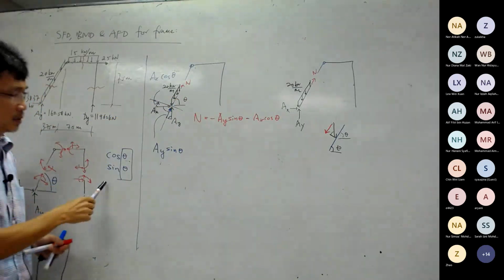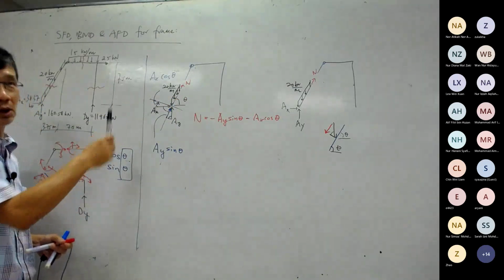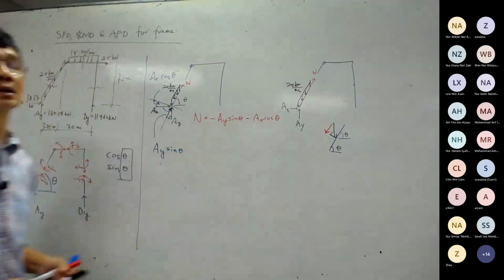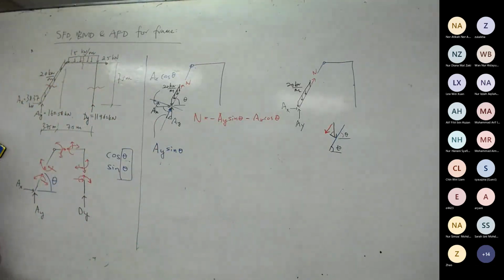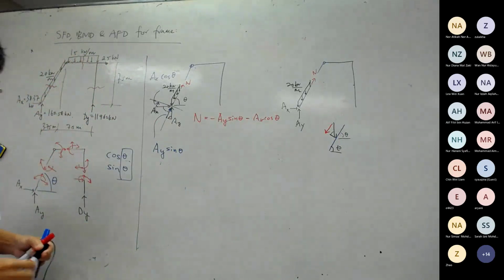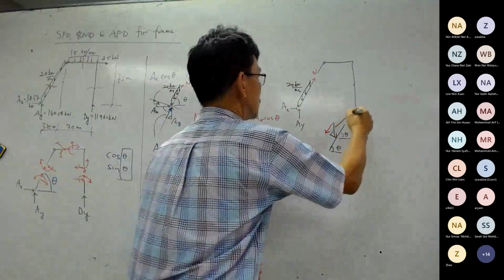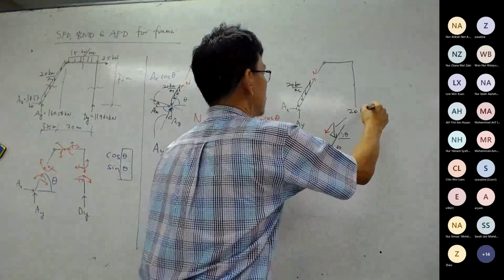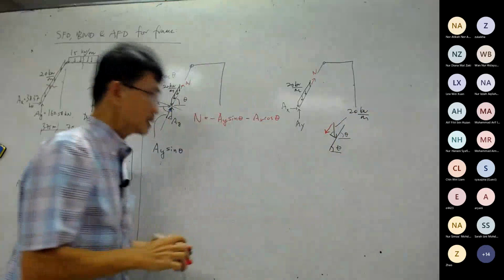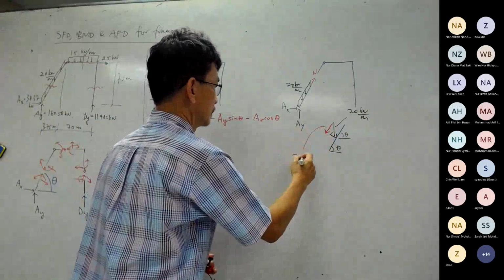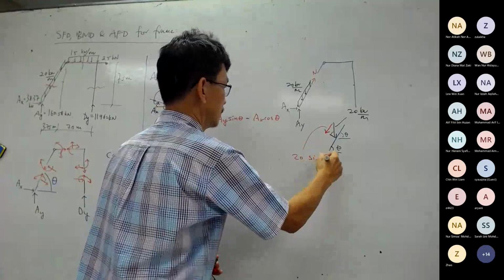And as I mentioned earlier, what is important is not the theta itself, but the sine and cosine, because what we need is sine and cosine. Okay. So this one becomes, this is 20. So the red one is 20 sine theta.